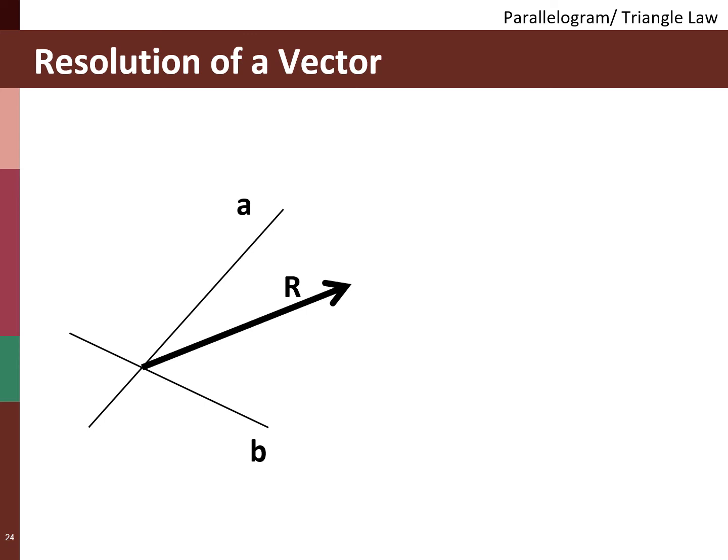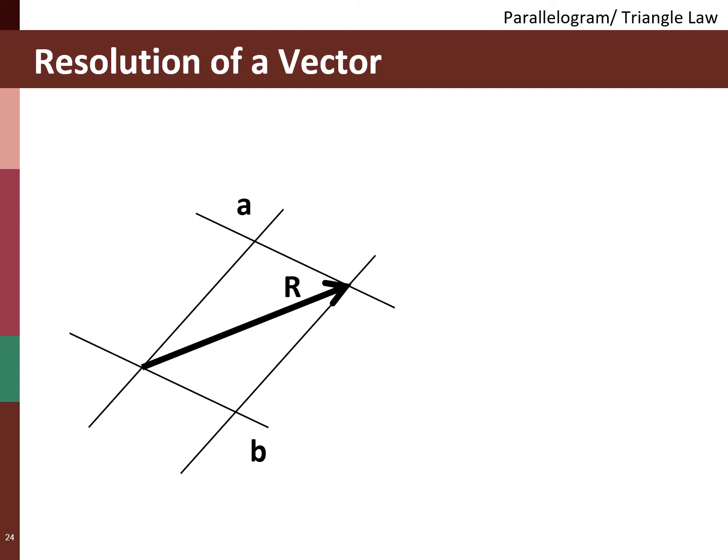If we are given a force vector and we are to resolve it to its components about two known axes, we can use the parallelogram law to obtain the components. Using the parallelogram method, we draw a line parallel to the a-axis and a line parallel to the b-axis, both passing through the tip of r.